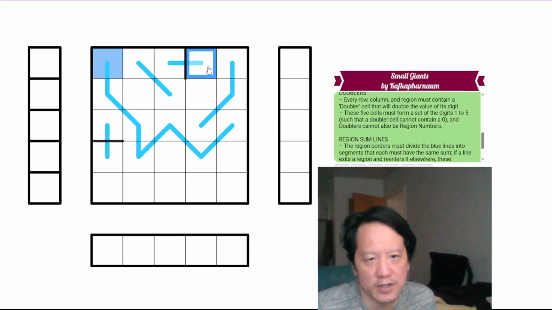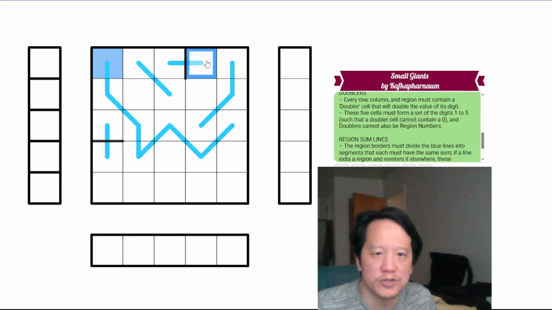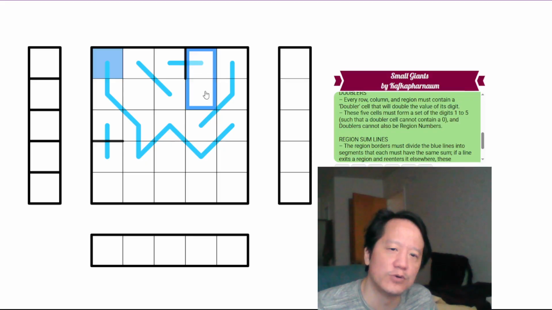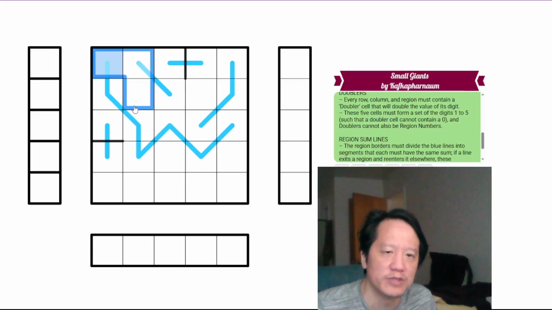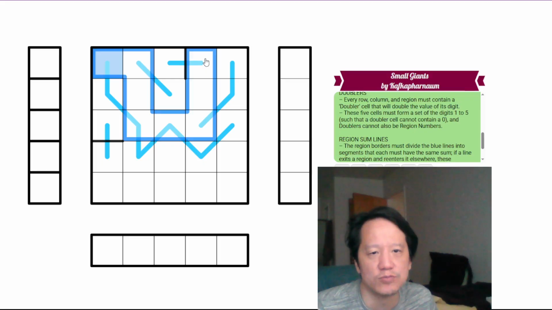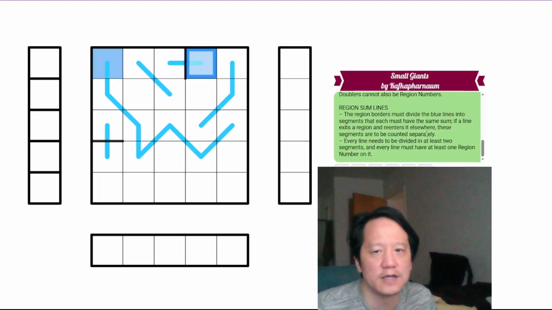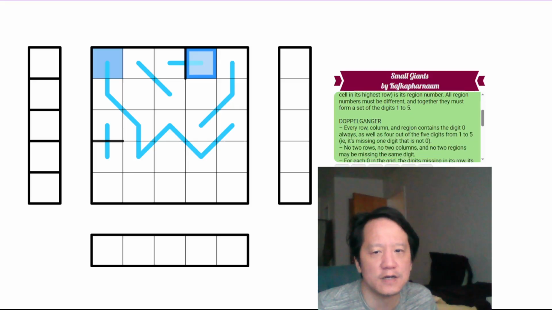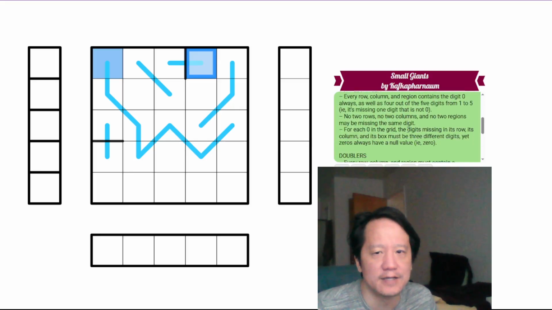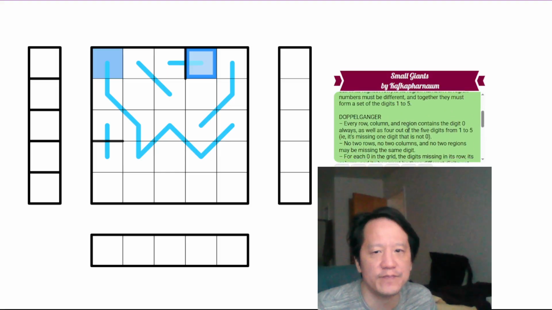Okay, so this has to be a region number also. How would it not be a region number? If it goes something like this, but then this would be too large of a region. So this has to be a region number also, which means that's not a doubler, and it's not a 0 through 5.